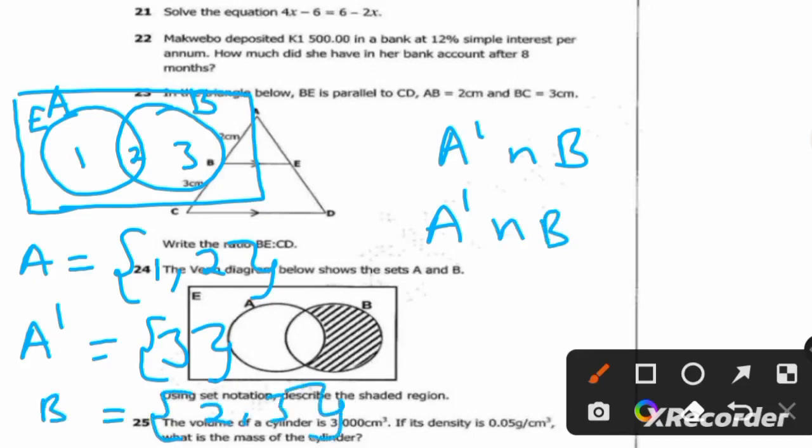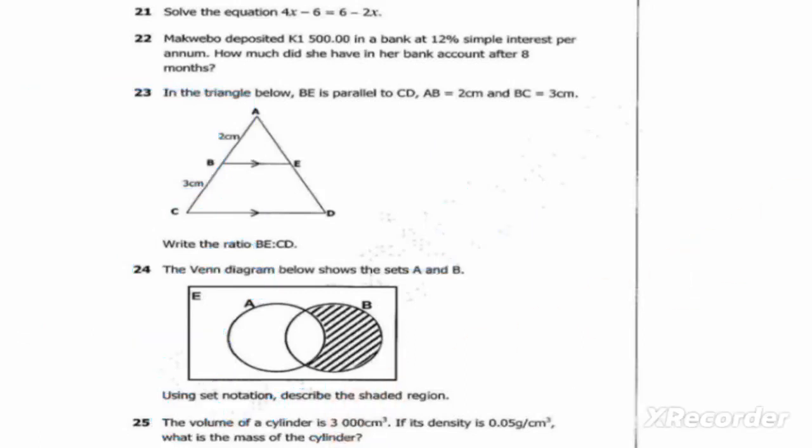These are members of A and B. So if we say A complement intersection B, we are looking for members that can be found in A complement and B, and this is 3. So where is 3? 3 is found here. So no wonder we are coming up with this A complement intersection B. We move on to the next question.